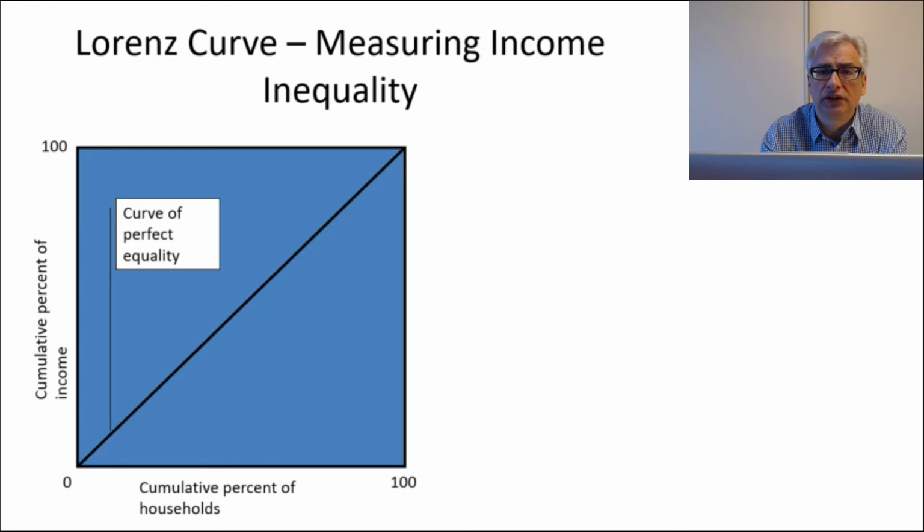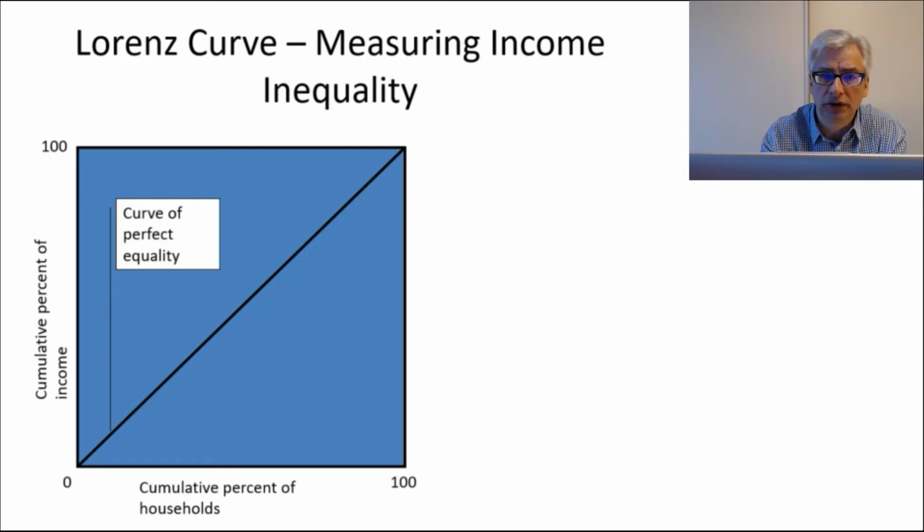The perfect inequality. How can we illustrate that? Well, look at the case of Poland. The Polish economy produces a certain income. The most unequal way of distributing this income would be the situation when nobody gets any income apart from one household.